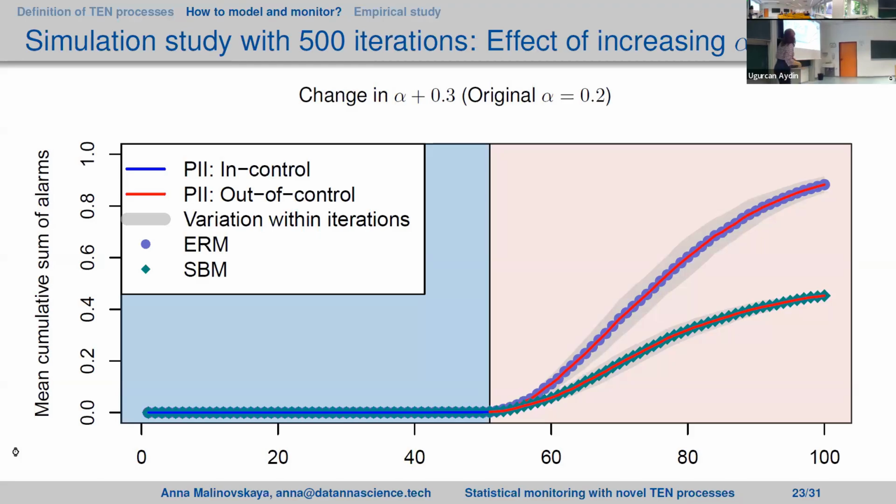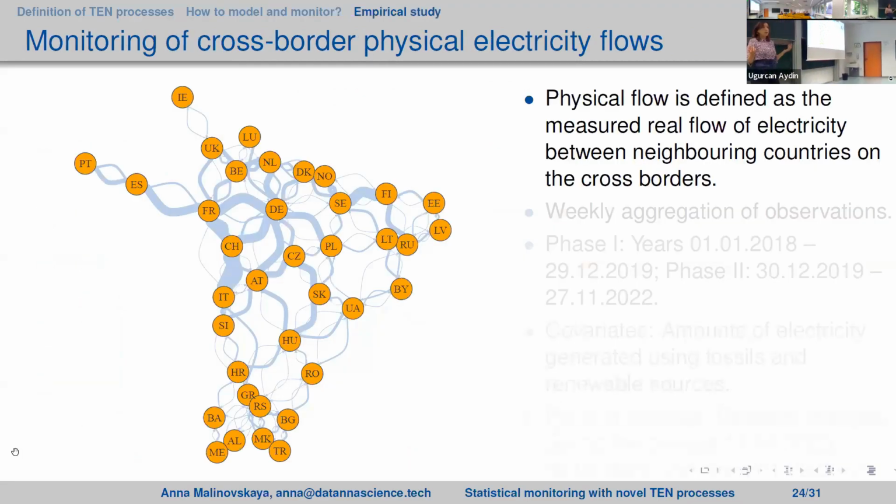And now we come to this empirical study of the monitoring of cross-border physical flows, or let's say just of electricity. You can see the text there, but what happens is we just measure the electricity exchange between two countries, and what you see here is that in almost every case you have parallel edges, right?